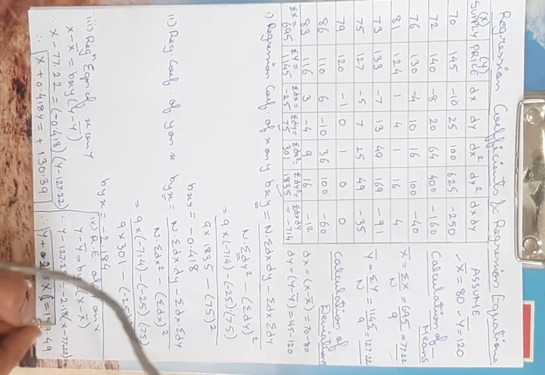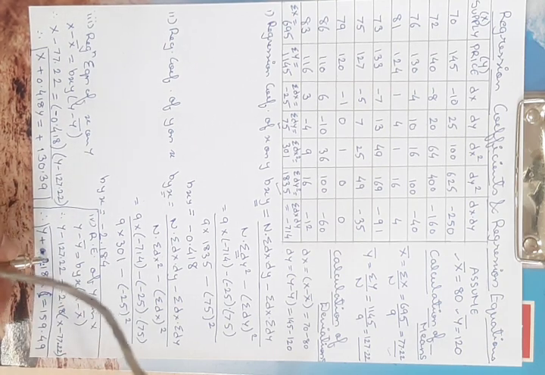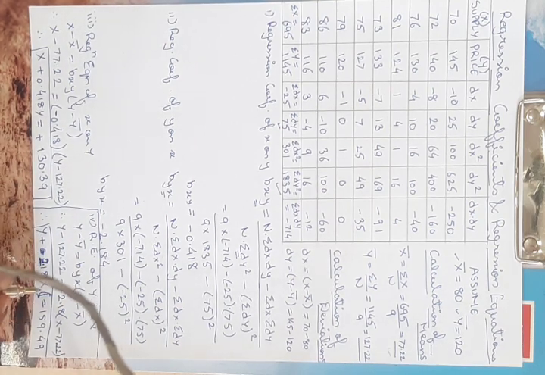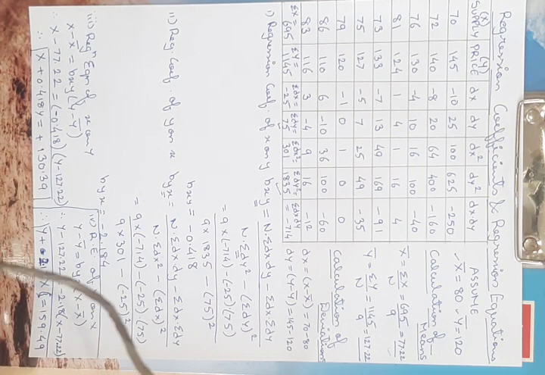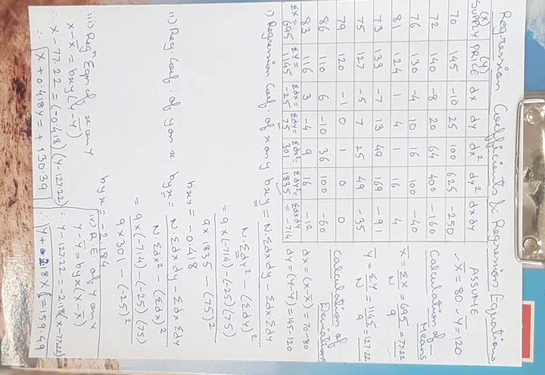This is your final equation, that means the regression equation of y on x: y plus 2.18 x is equal to 159.49.